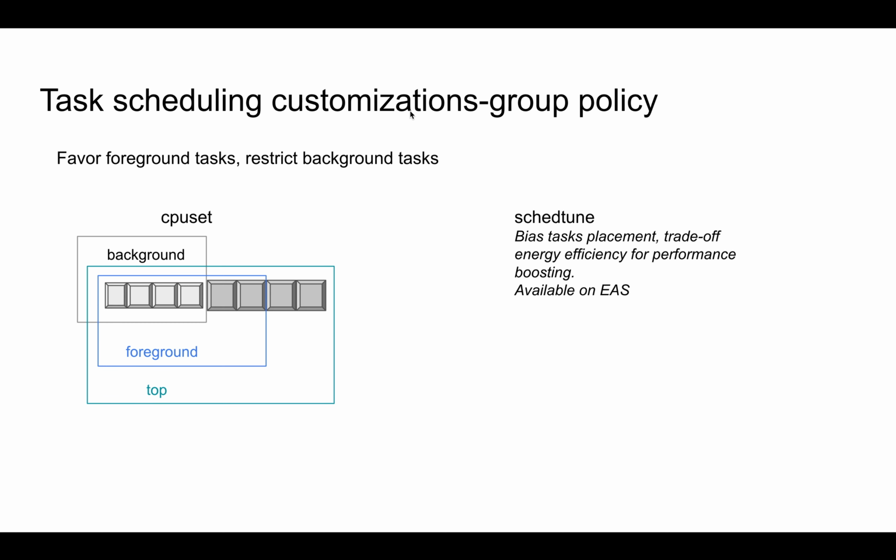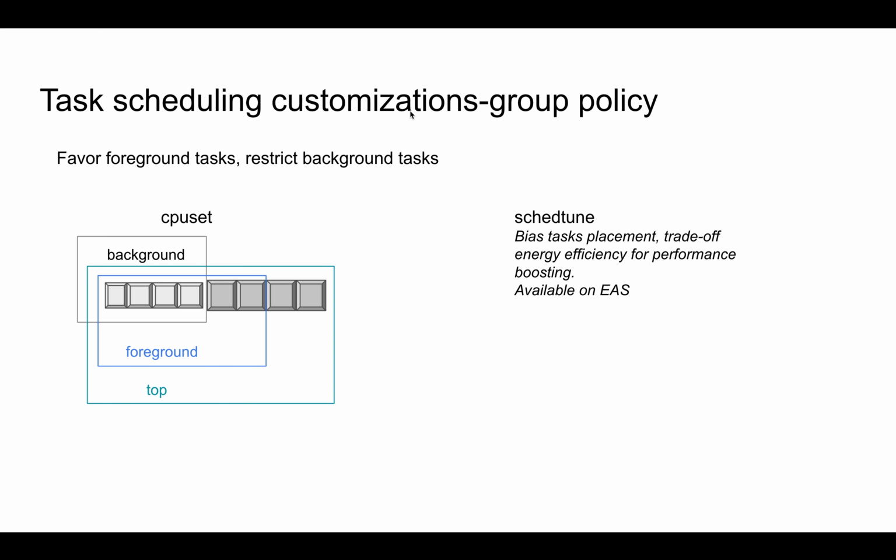These simplified models may not work well in every scenario, like a temporary thread or a worker thread in a thread pool. Different kinds of work are put on it, so it's hard to estimate or predict the load accurately. So some scheduling policies based on control groups are also introduced into Android to improve the scheduling. Basically, these control group policies help favor the foreground tasks and restrict the background tasks.